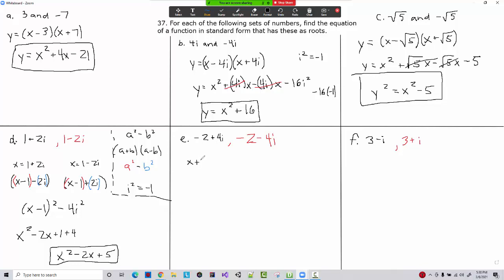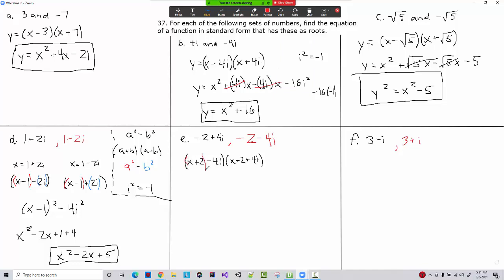So it's plus 2 minus 4i times, this will be x, when I move everything over, plus 2 plus 4i.